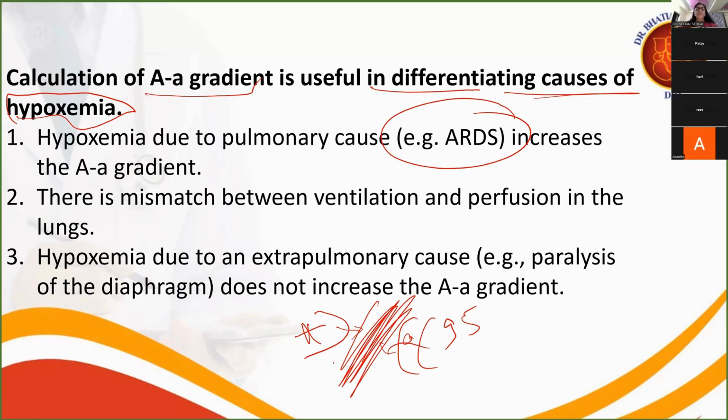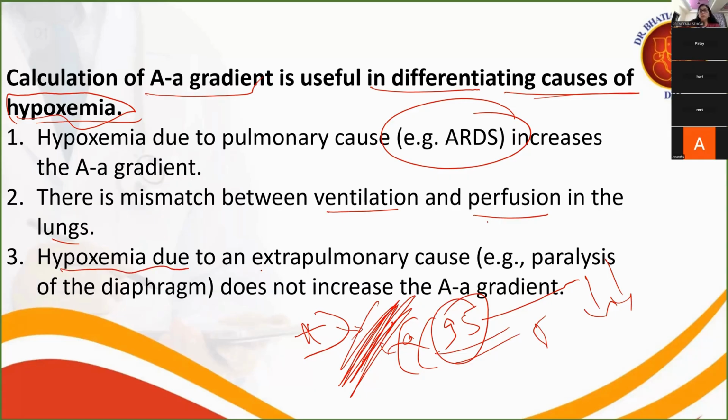And that is why there is an increased alveolar arterial gradient, and that causes hypoxemia, because eventually this oxygen will keep on getting utilized by the tissues and the arterial oxygen level will keep on dropping.